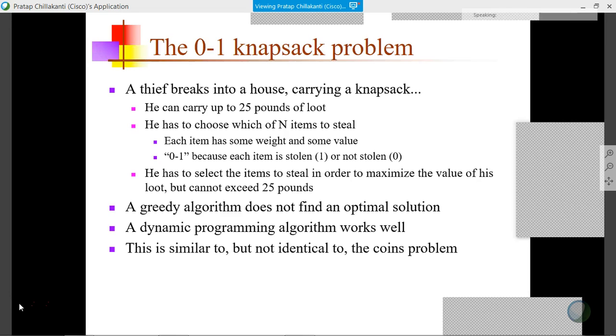The easiest way for you to remember it is that it's a legitimate question in the exam: show an example where a greedy algorithm does not find an optimal solution, but a dynamic programming approach would work well. And always remember the coin problem and the 13 cents problem, right? Then you will be able to answer that question very well.